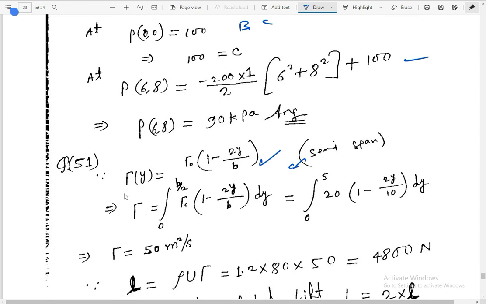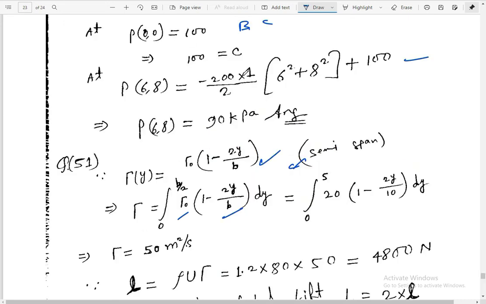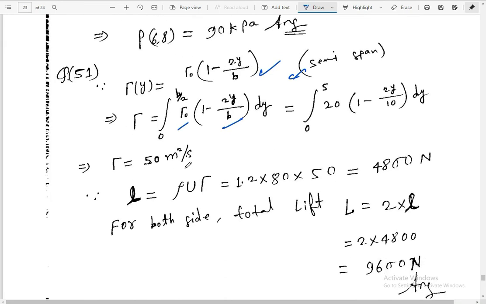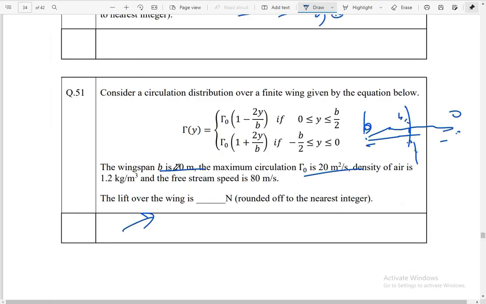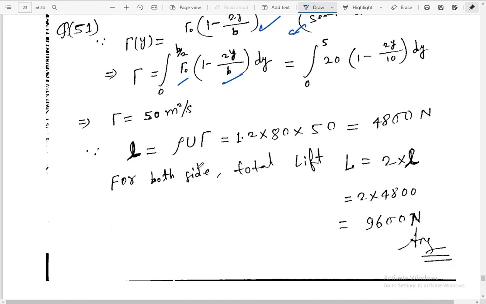And apply gamma naught and b value that is given: gamma naught equal to 20, and b is given 10 meter. So finally, b is given 10, so b by 2 is 5, that's why the limit is 0 to 5. Gamma equal to 50 meters square per second.